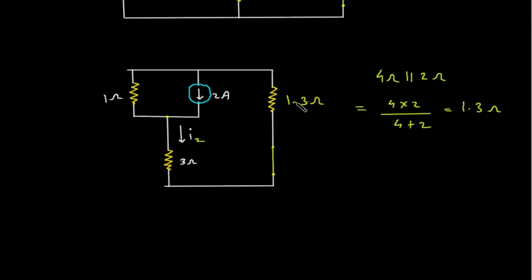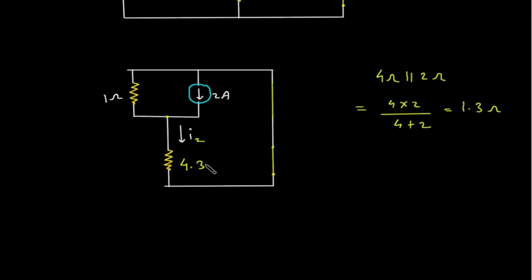Now as we can see, this 1.3 ohm is in series with this 3 ohm. So this will be 4.3 ohm. And this will be short circuited directly.